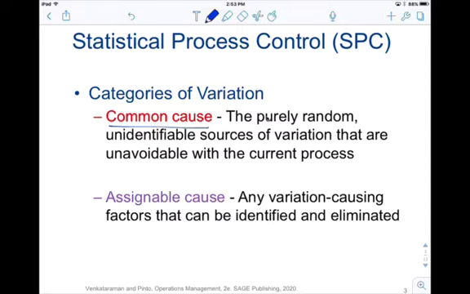If you look at your manufacturing or service operations, common cause variations are typical and you should permit them to happen, right? That's why we do have lower bounds and upper bounds on certain specifications of the products or services that we offer. For example, if you go to a hospital, you know that there is going to be a wait time, but you know that it might be hours or it might be just minutes, right?